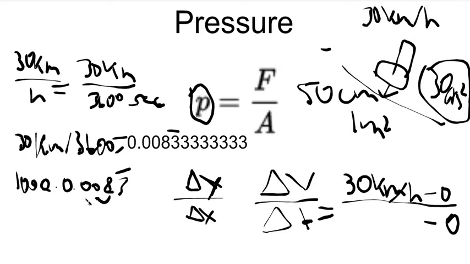We move 1, 2, 3 to the right. So it would be 8.3 meters per second.